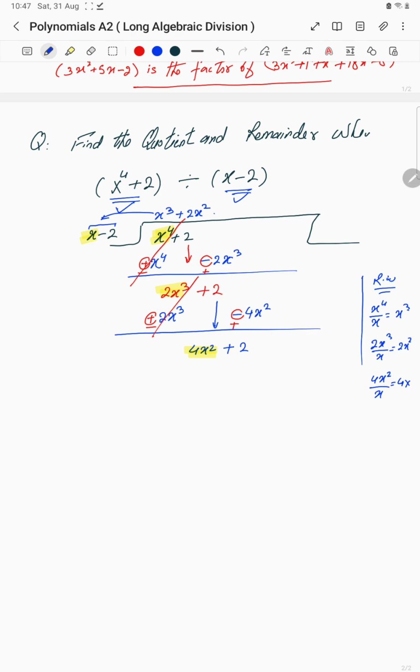So now write plus 4x, and now multiply this plus 4x with the entire divisor. 4x with x is 4x squared, and 4x with the minus 2 is minus 8x. So fine, we change the signs, this cancelled, we write 8x and this plus 2 as it is.